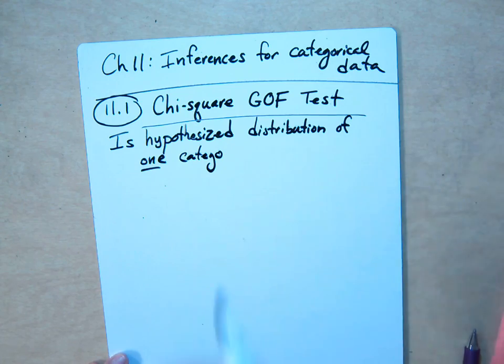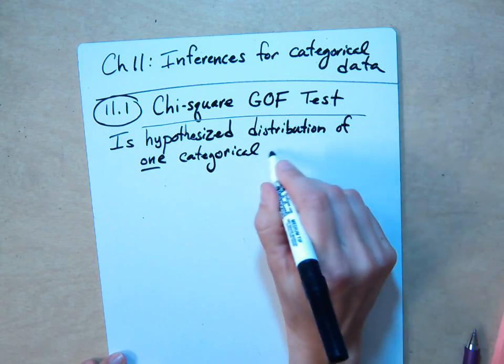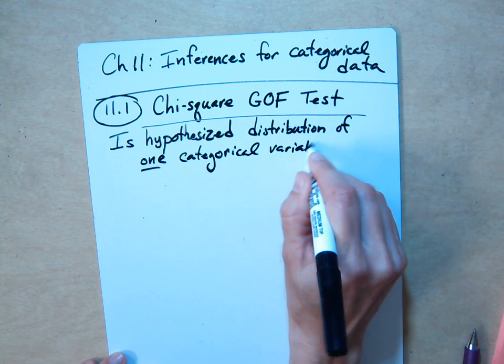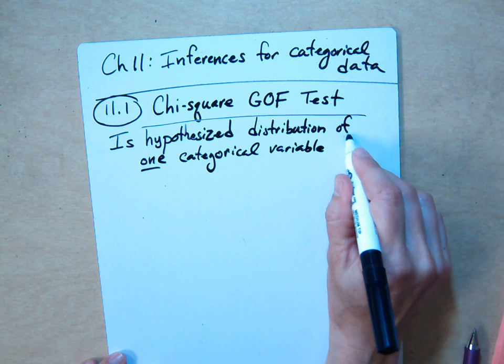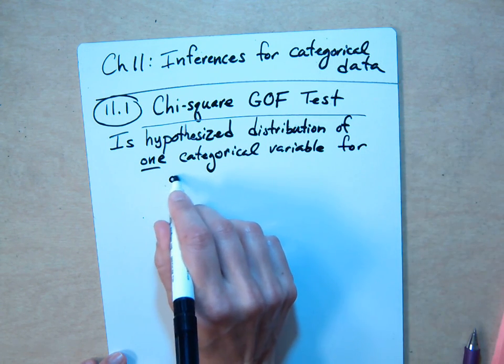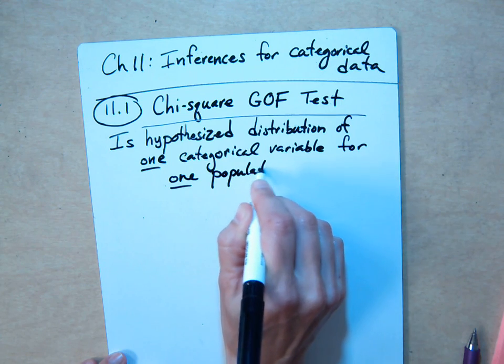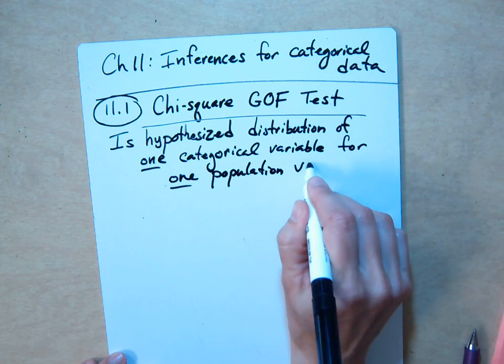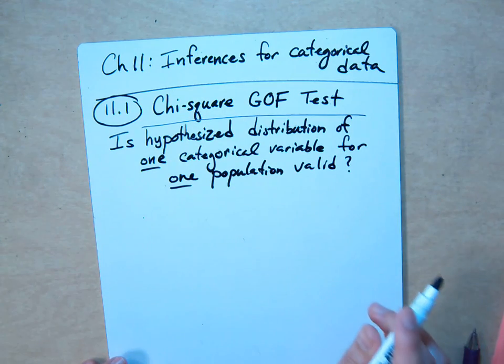We'll have tests that deal with more than one variable and more populations later. And that's what the chi-square goodness of fit test answers.